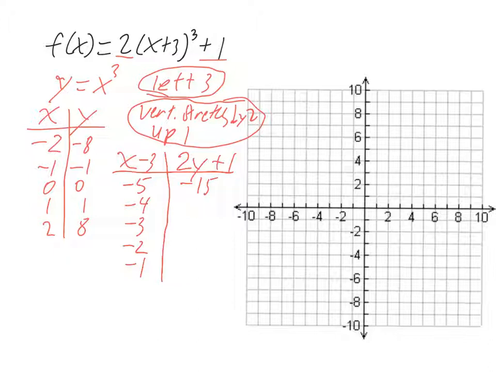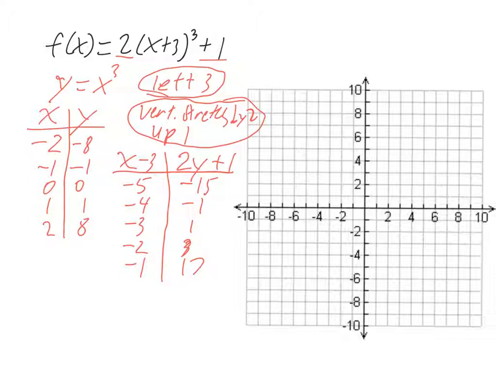The original y, -1, 2 times -1 is -2, plus 1 is -1. 2 times 0 is 0, plus 1 is 1. 2 times 1 is 2, plus 1 is 3. And 2 times 8 is 16, plus 1 is 17.